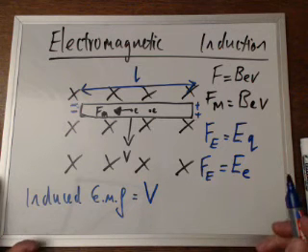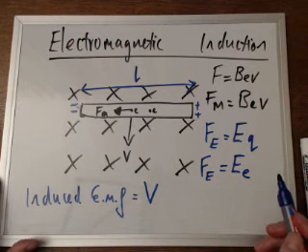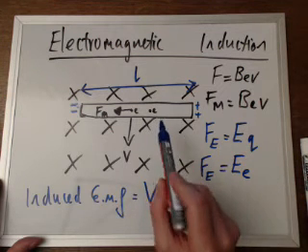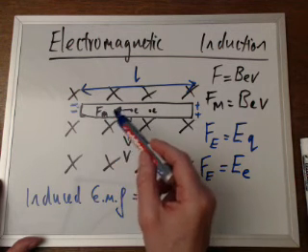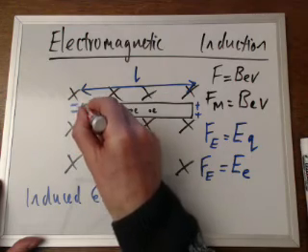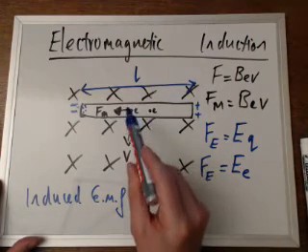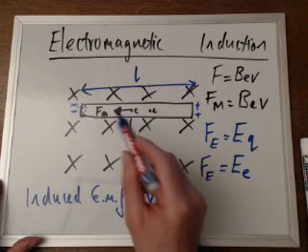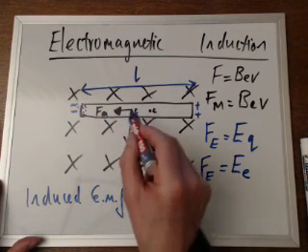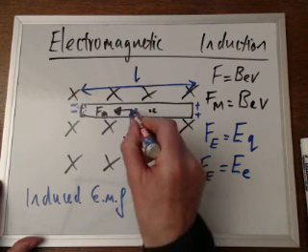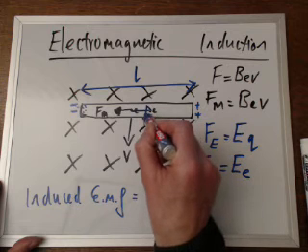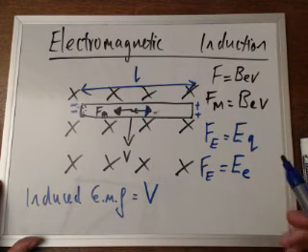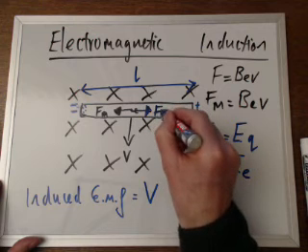Now, at a certain point, at a certain amount of time, you'll find that there becomes equilibrium. For a given electron, somewhere in the conductor, it'll feel a magnetic force Fm acting in that direction, and of course, because it's negative charge, it will feel, acting in the opposite direction at some stage when it's all settled down, an equal and opposite force, which would be the force of the electric field.